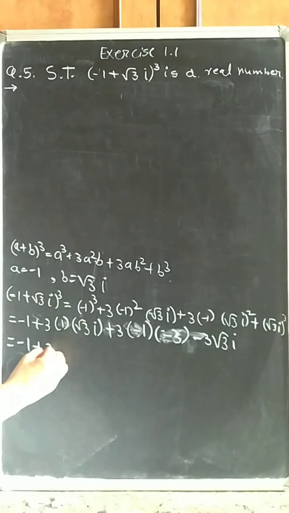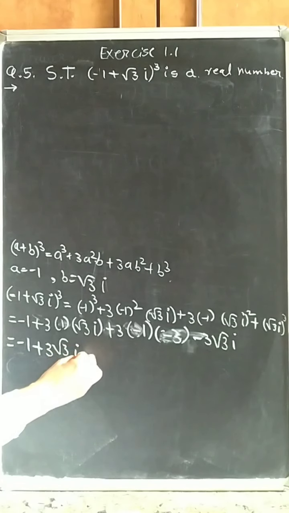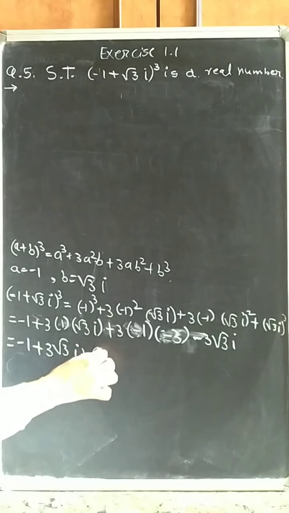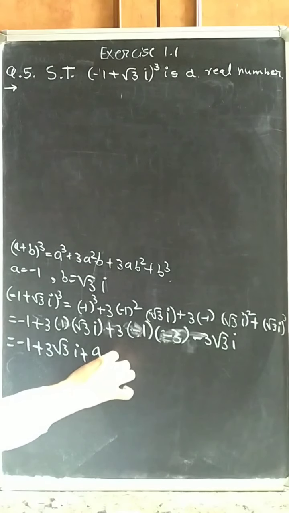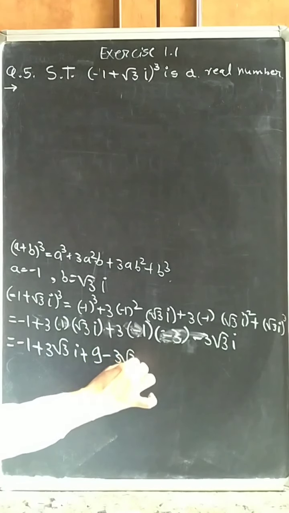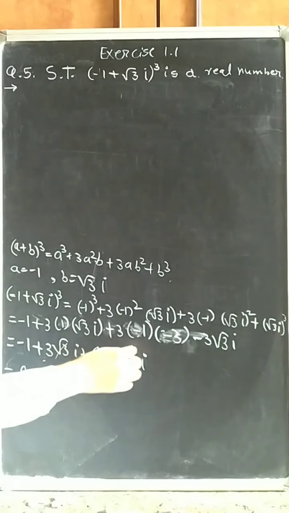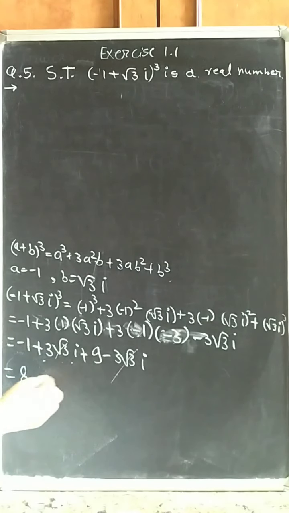Minus 1 plus 3 root 3i, minus 1 into minus 3 is plus 9, and minus 3 root 3i as it is. So this equals 8, because plus 3 root 3i and minus 3 root 3i cancel, and minus 1 plus 9 is 8.